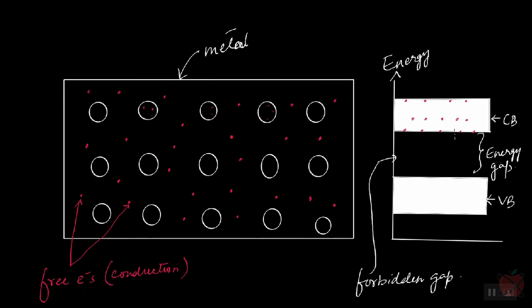The gap between the lowest level of the conduction band and the highest level of the valence band is called the energy gap. This is very important, because depending on the energy gap, the materials are classed into different categories. So let us define and look at these energy bands one by one.